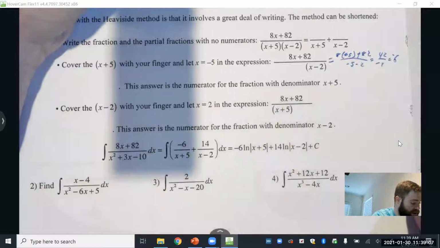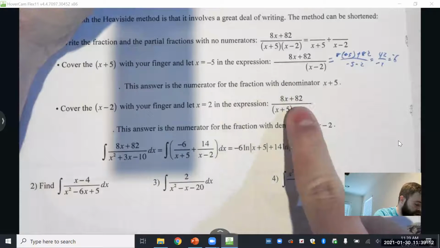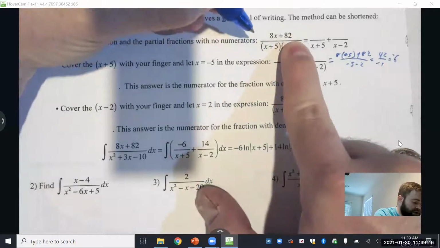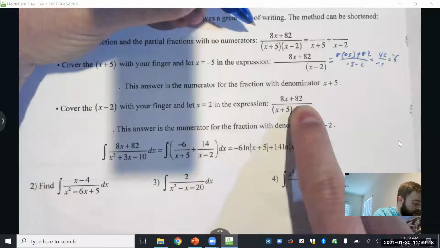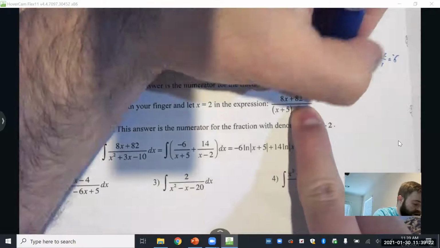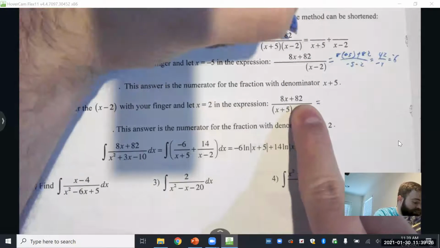And then to find the other numerator, we're going to cover up the x minus 2. So covering up the x minus 2, it looks like that. So if we put our finger in the x minus 2 spot, and we let x equal 2, what makes the x minus 2 0.